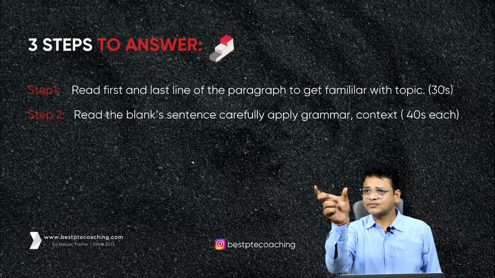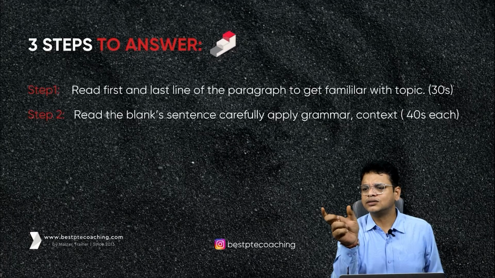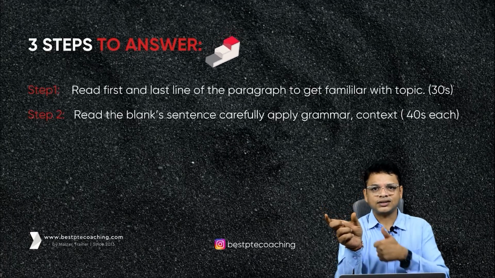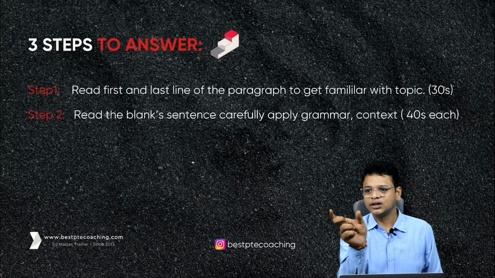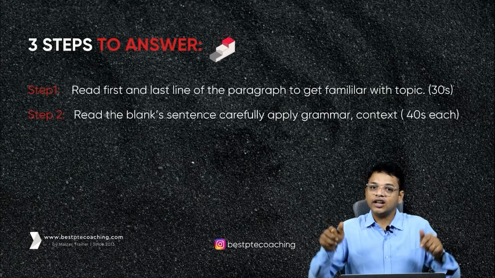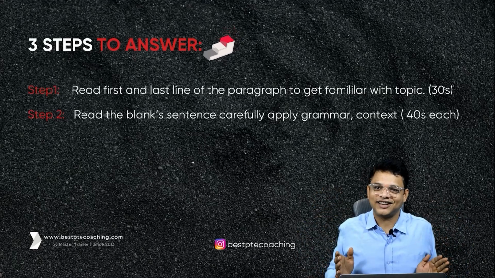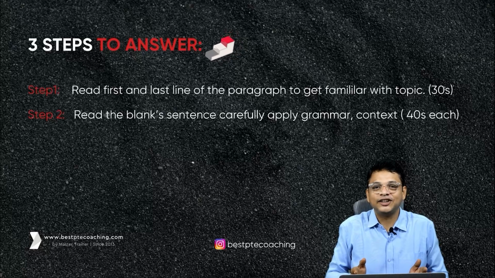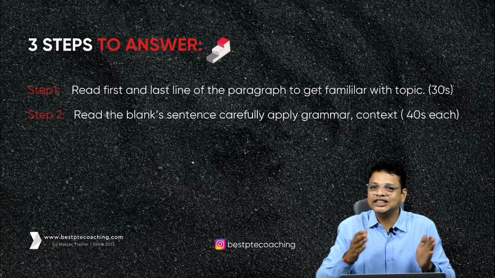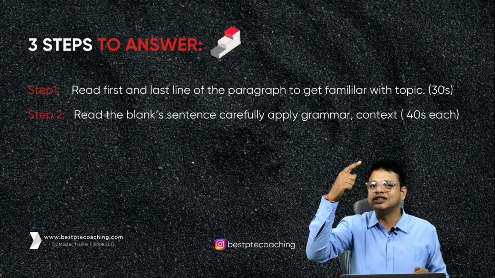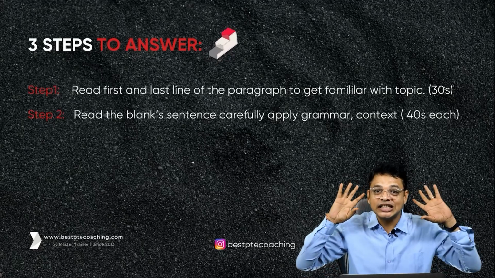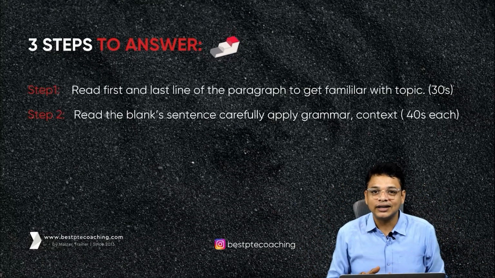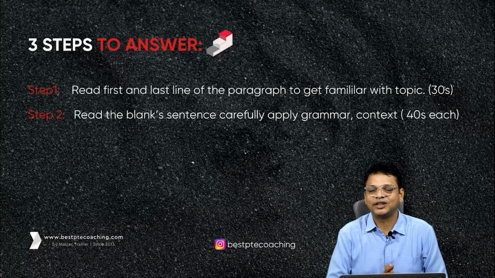For example, in blank 2, a past tense verb, V2, is missing, and it is positive. Then in the bottom options, I'll be looking only for positive V2s. I will not be looking at each and every word and imagining whether it is the correct answer. This imagination kills your time. Shortlisting saves the time, right?